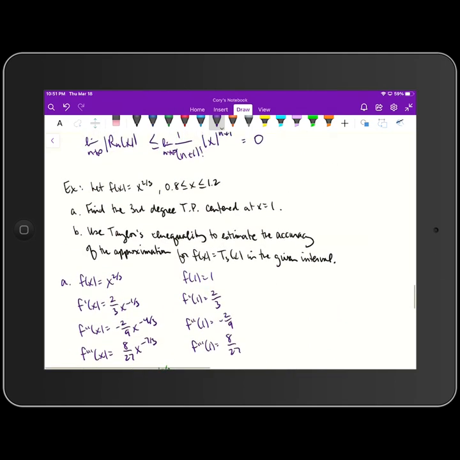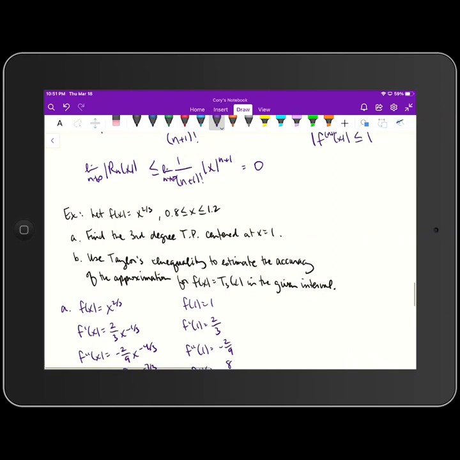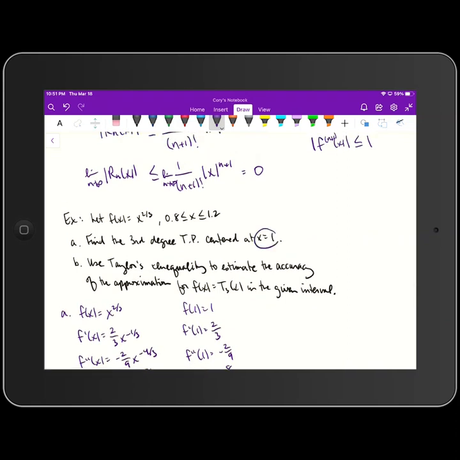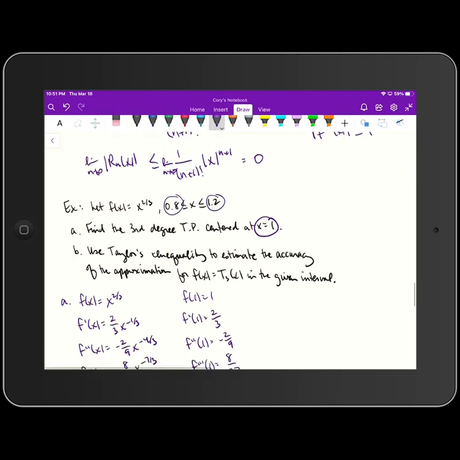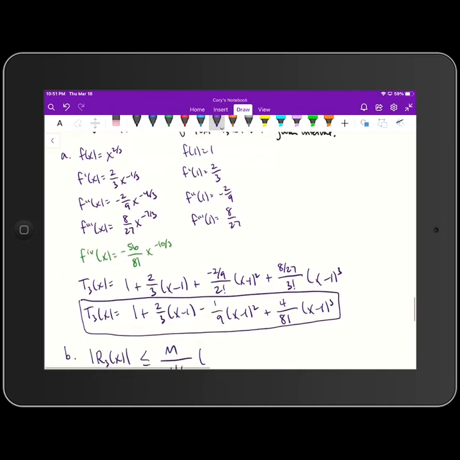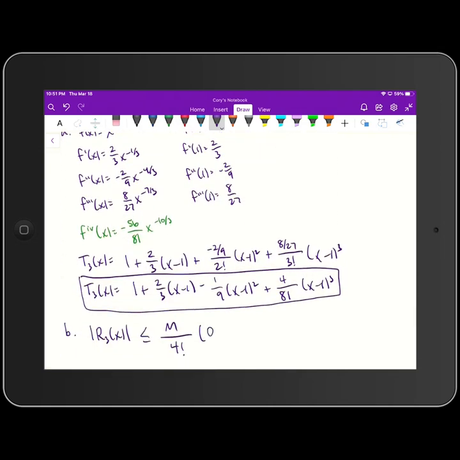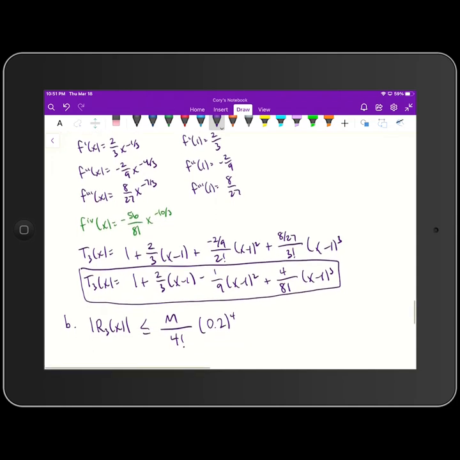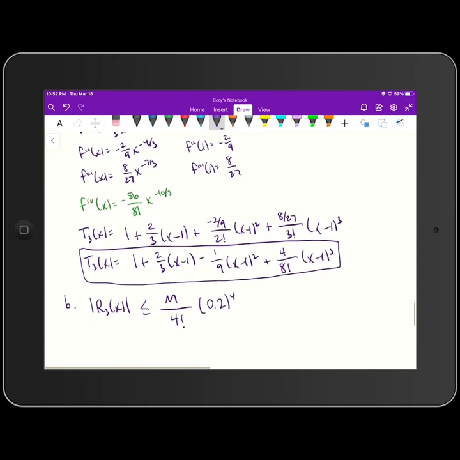Now, if our Taylor polynomial is centered at 1, the furthest distance from the centered point to a point on the interval is going to be the distance from either 1 to 1.2 or 1 to 0.8. Both of those distances are 0.2. So we're going to take 0.2 and raise it to the 4th power. Again, we're trying to calculate what the maximum error is going to be.